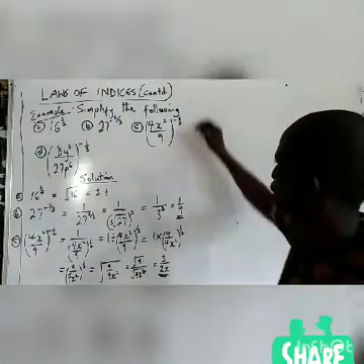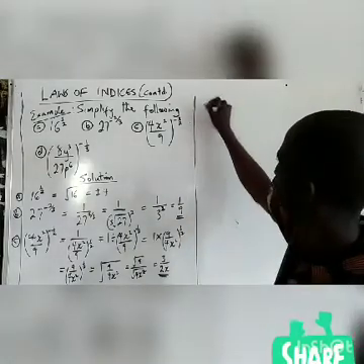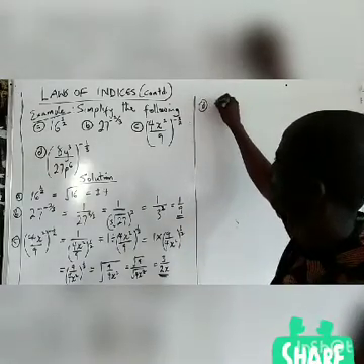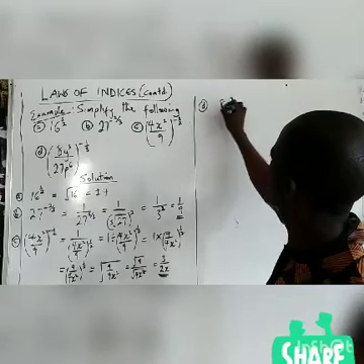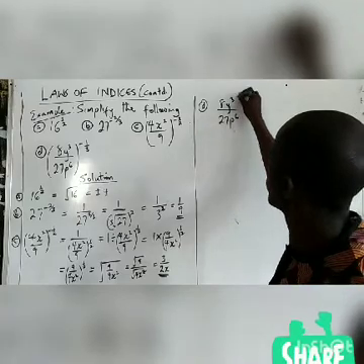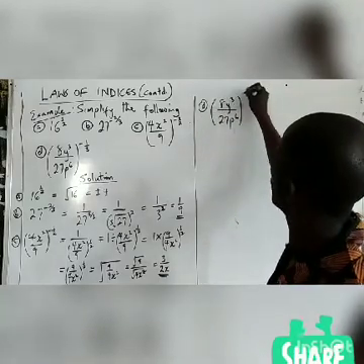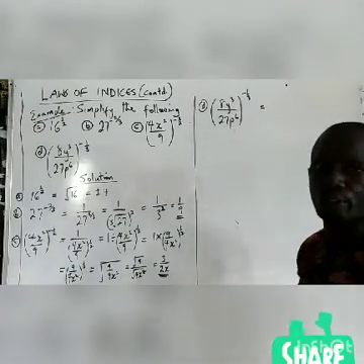Now, the D part. The D part says we should simplify (8y raised to power 3 all over 27p raised to power 6), everything raised to power minus 1 all over 3. So we apply the same method here.